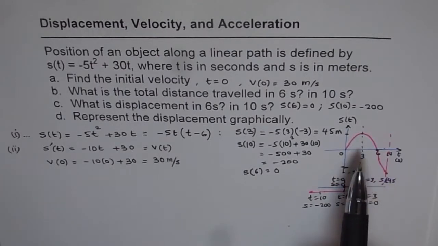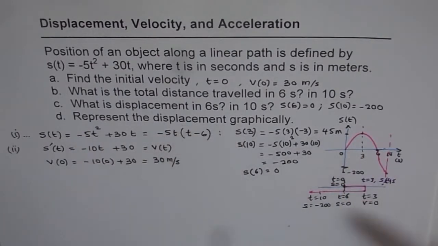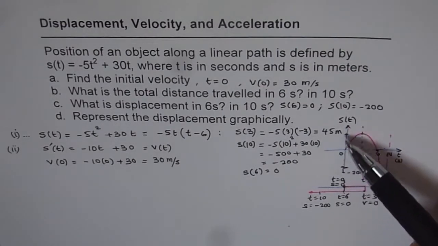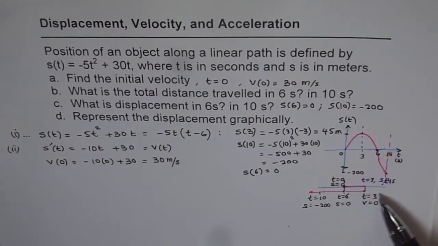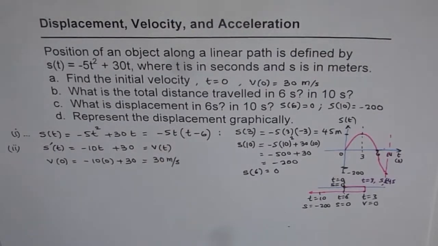Anyway, here we have represented displacement graphically in 2 different ways. Do you see that? Now this is a graph on the xy coordinate system, and this is on a linear line, right? Now this actually helps us to answer part B. So I should have actually asked part B after representing displacement graphically.